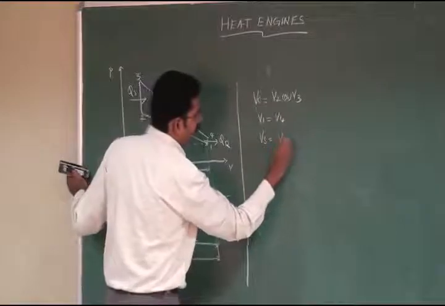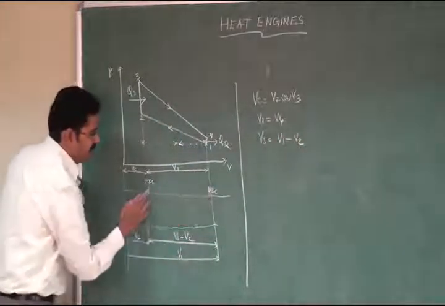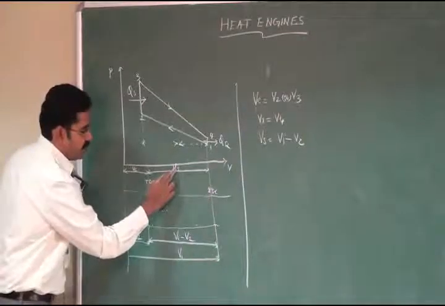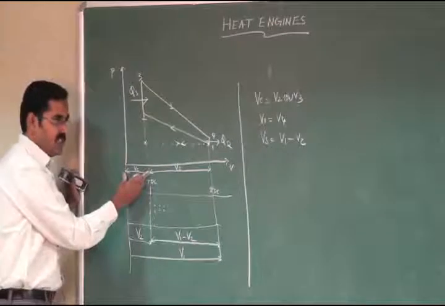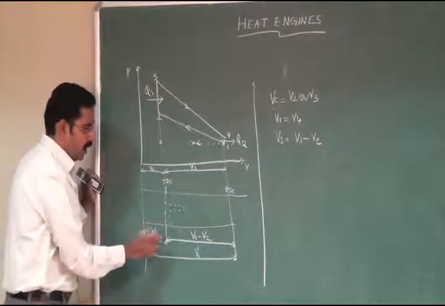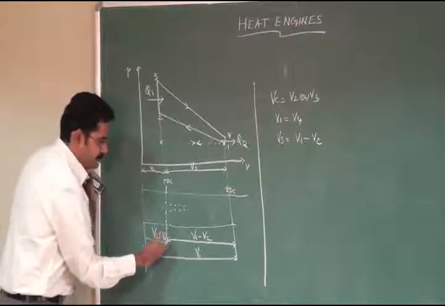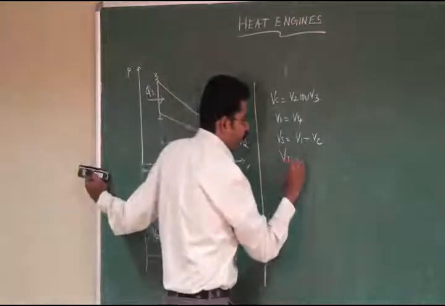Stroke volume is V1 minus V2. The stroke volume is the volume between BDC and TDC. Clearance volume is the volume in which the combustion process is carried out. It can be written as Vc equals V2 or V3. The total volume is termed as V1.